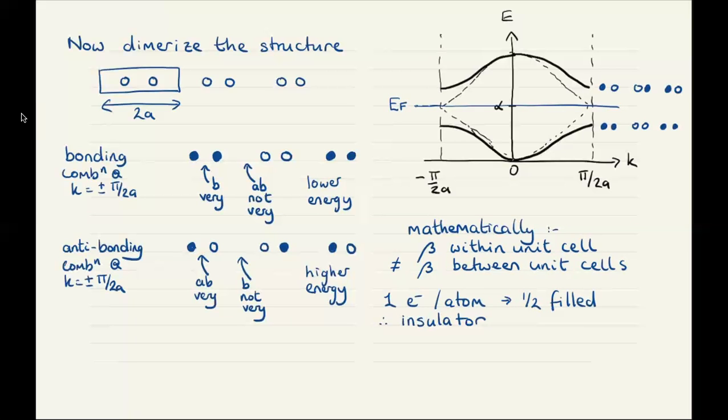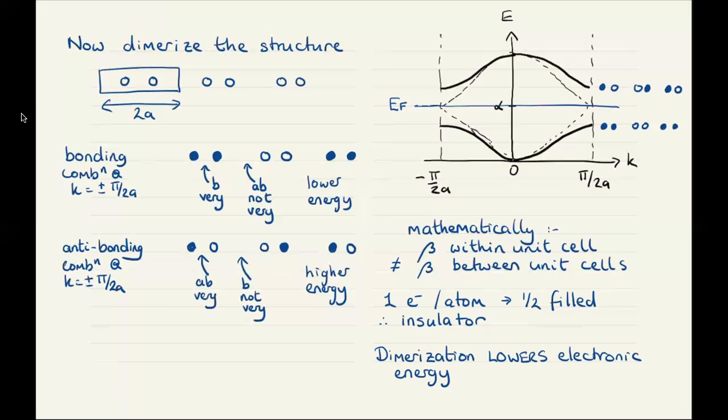And we see that these electrons that in the undimerized case were in the region of the band here are now at lower energy in the dimerized case. So the dimerization lowers the electronic energy, and so we'd expect it to occur spontaneously because it results in a lower energy system.